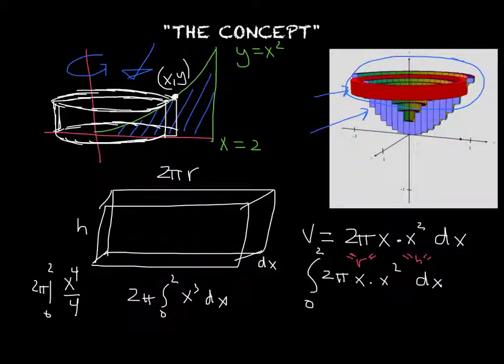Plug in 2, you get 16 over 4, which is 4, times 2 pi is going to be 8 pi. And you plug in 0, obviously you don't get anything. So 8 pi would be the volume of this region wrapped around the y-axis using the shell method.